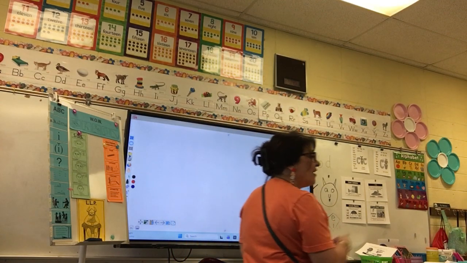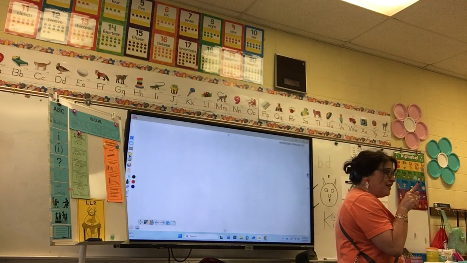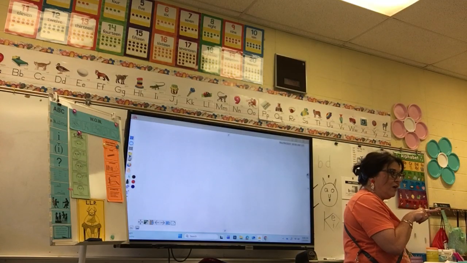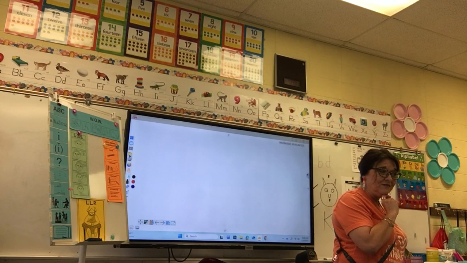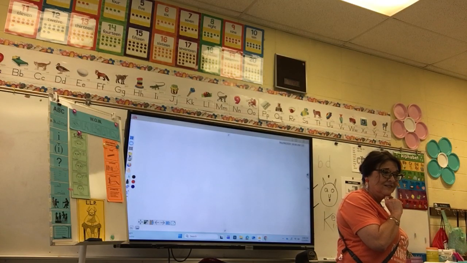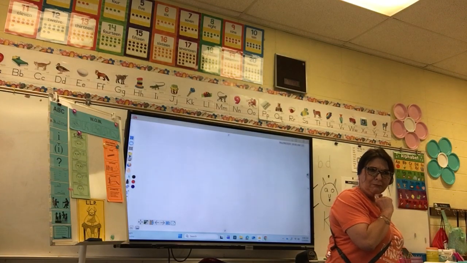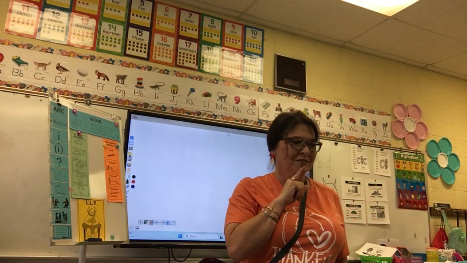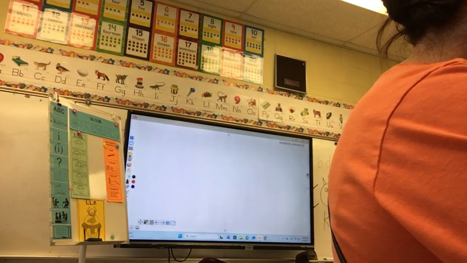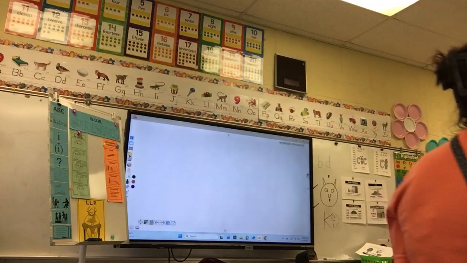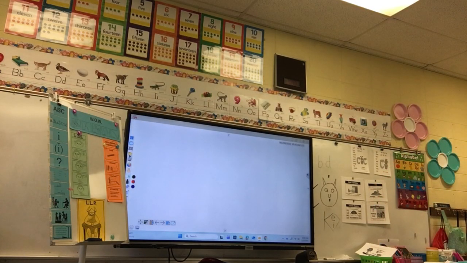Okay. What's our new rule about a short vowel word with K at the end? What do you need for that sound? How do you write it? Just write it the best you can.